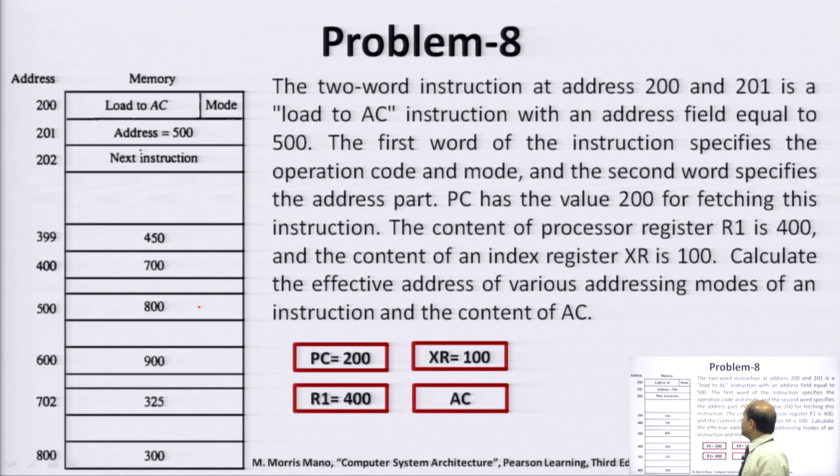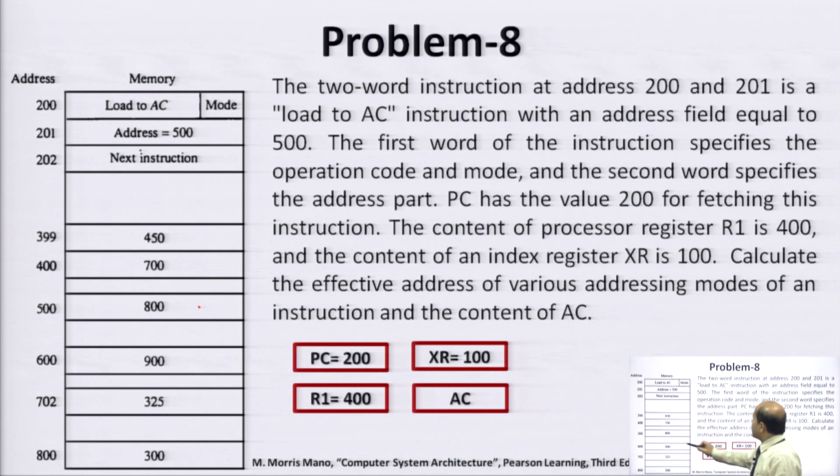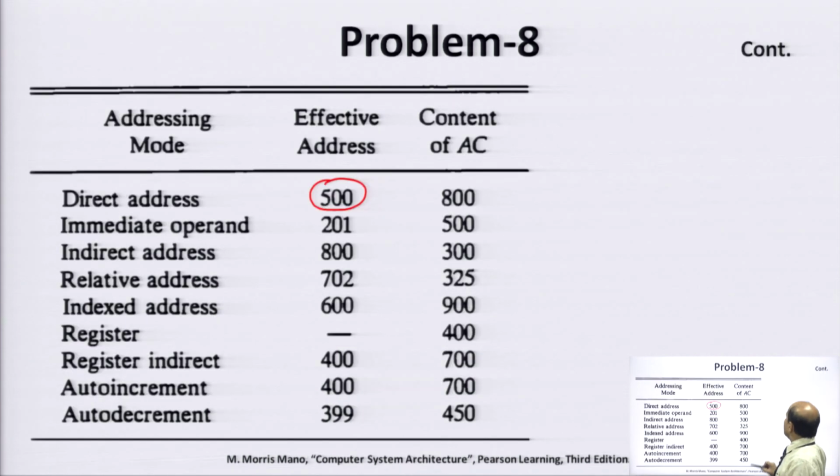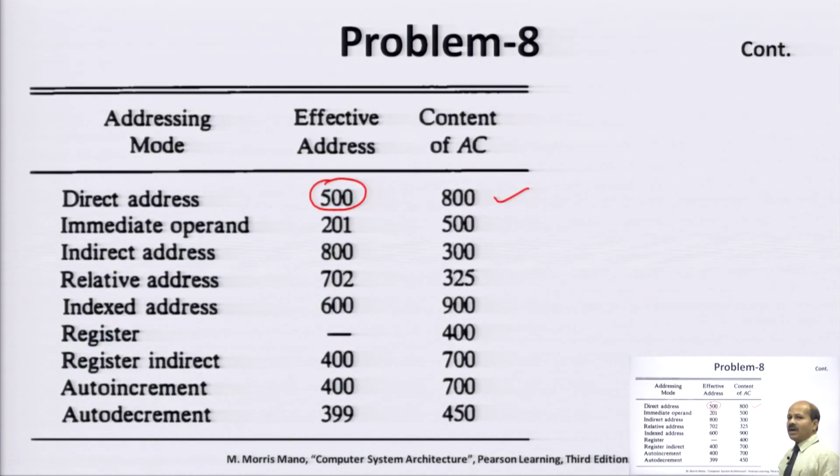The data is 800, and 800 will be transferred to the accumulator. That is why the direct address is 500, and the content of memory location 500 is 800, which is loaded to the accumulator. Second is immediate operand mode. It is simple: whatever value is given at 201 will be transferred to the accumulator.